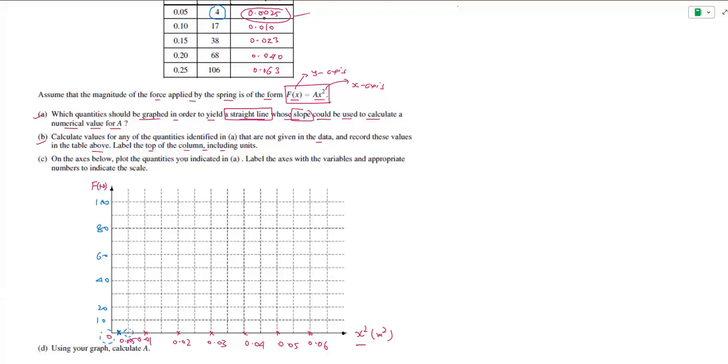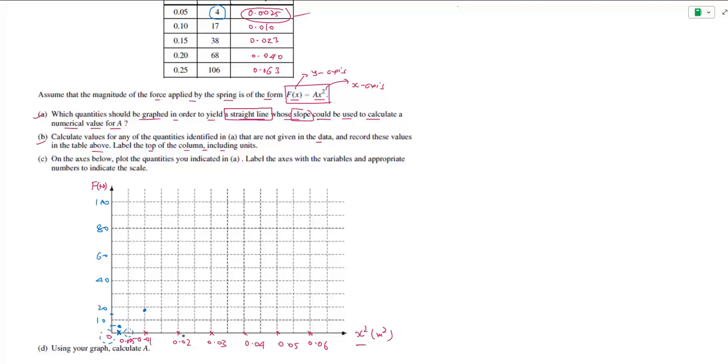Now corresponding to this value of 0.0025, the value is 4, so it is somewhere here. This is your initial value, right? Next value of x square is 0.010, and the corresponding value is 17, so it is more than this, somewhere here.